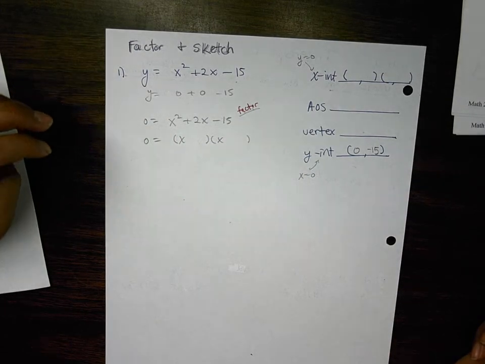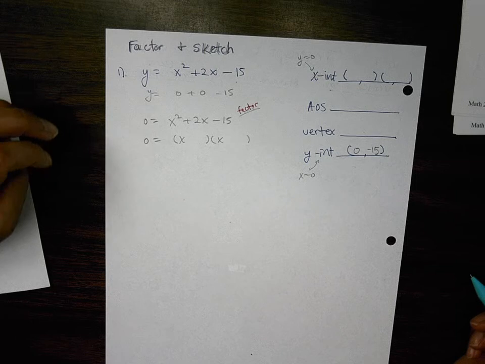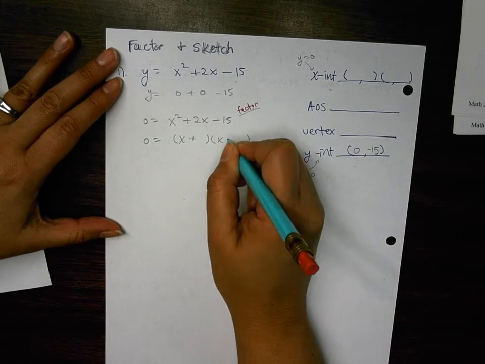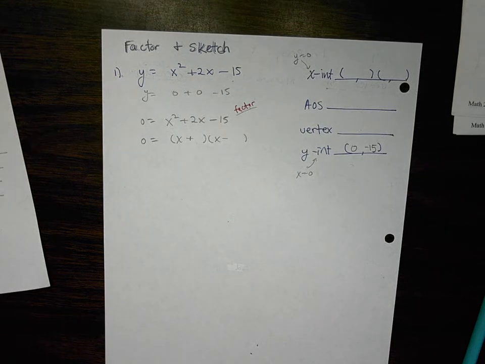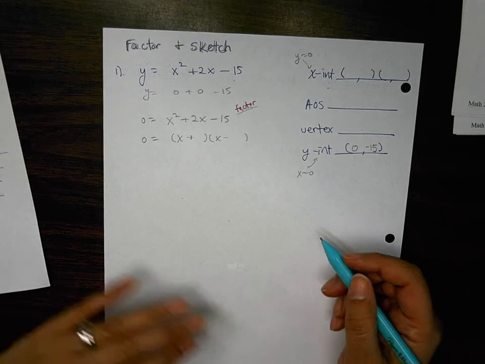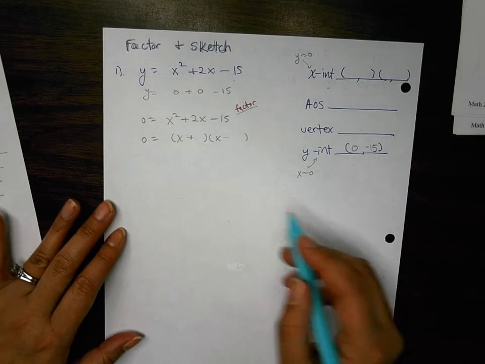All right, do we all agree that x times x is x squared? Okay, so then put it in plus minus. We know it's plus minus because it's negative 15. I'm going to let you guys finish that part off. All right, anybody have it?